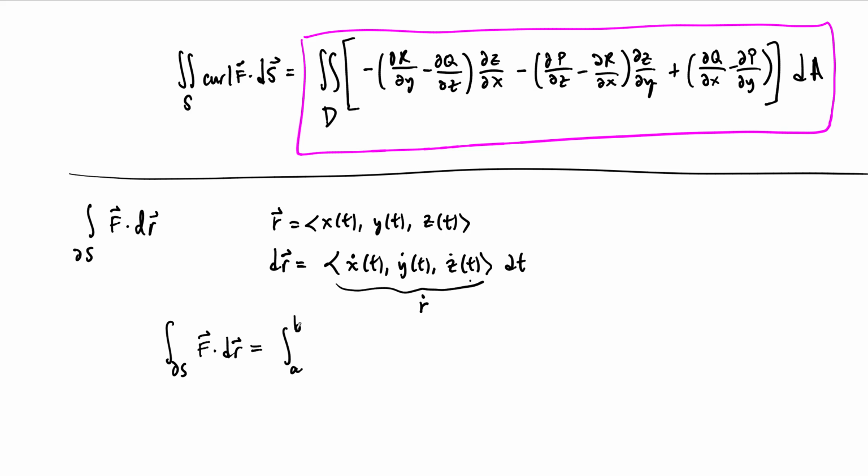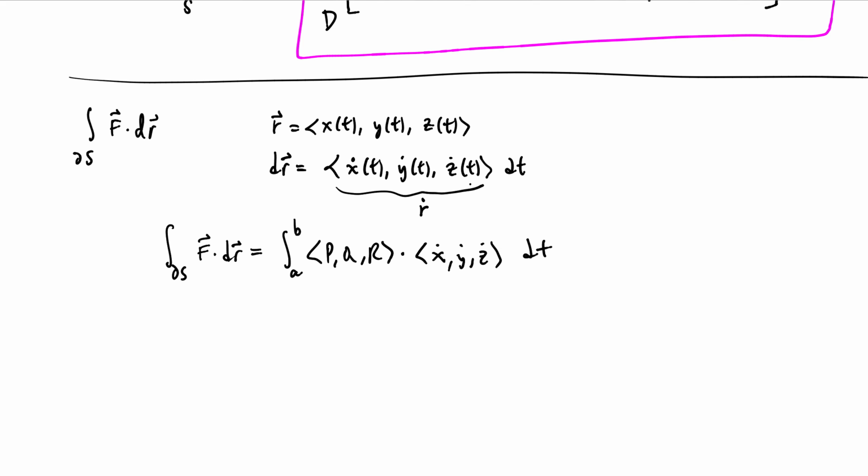And so our path integral around the boundary of S of F dotted with dr is equal to the integral from a to b, that's the parameter domain for the boundary curve, of F, so P, Q, R, dotted with x dot, y dot, z dot, dt.